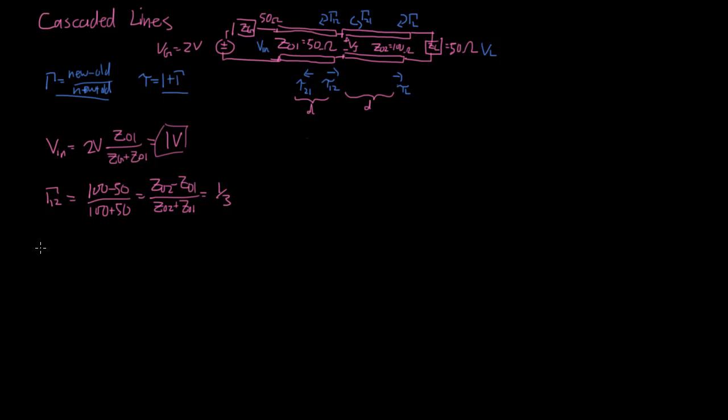Next up, the amount that's going to transfer across, that's just going to be equal to 1 plus gamma 1 2. So that's going to be equal to 1.333, or 1 1/3.